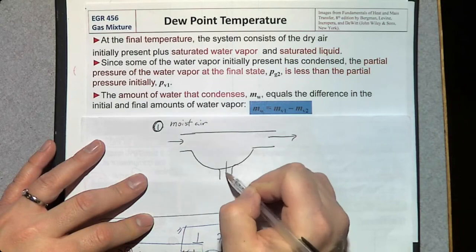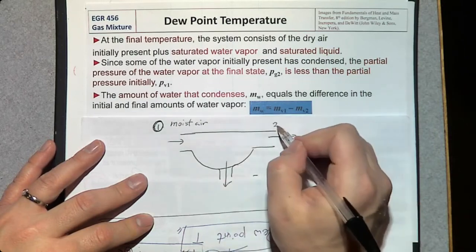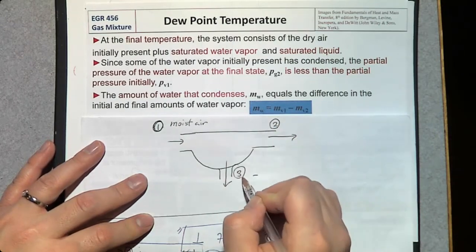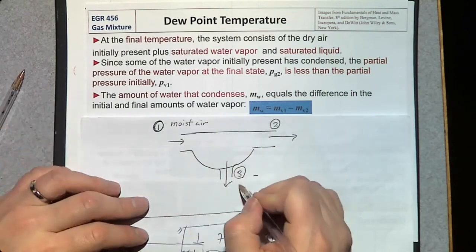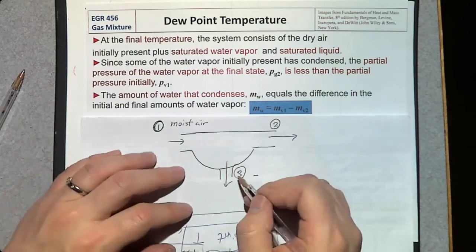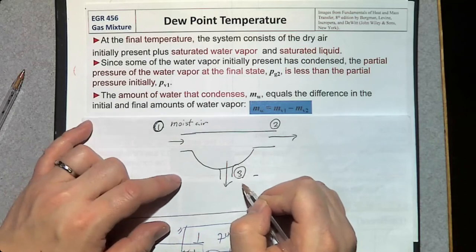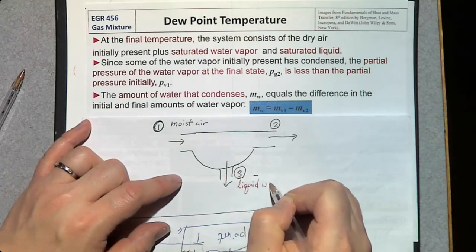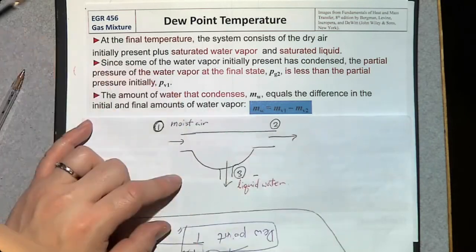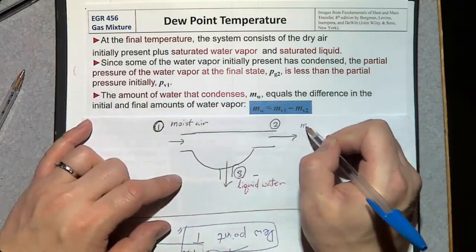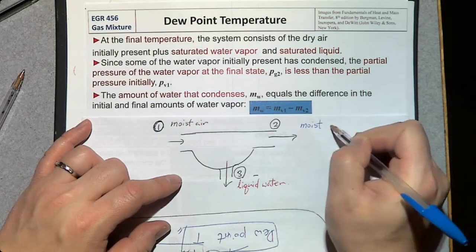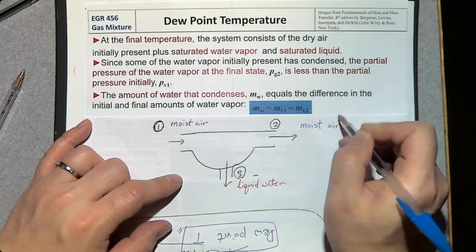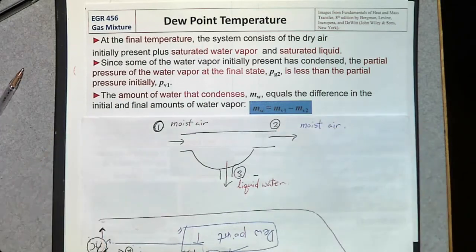Then we have exit here. So this is exit number 2, exit number 3. This is where the condensation comes out. So there's liquid water. And the remaining moist air is going to be removed from the system through exit number 2.